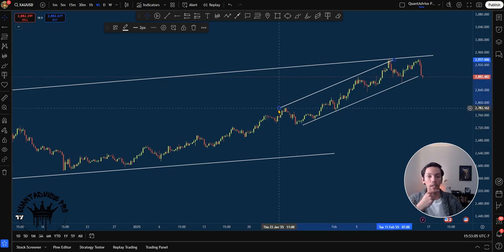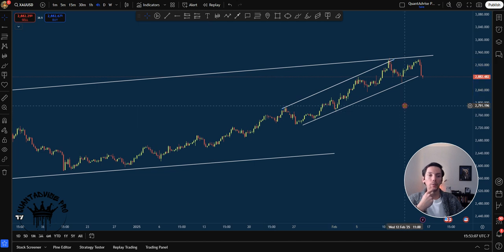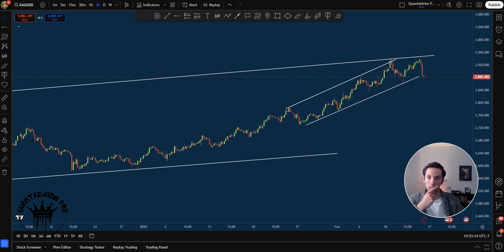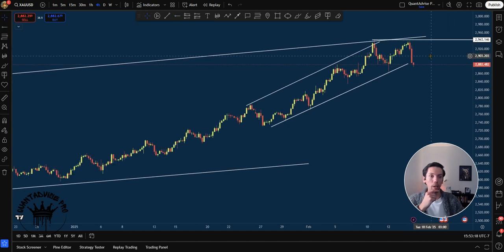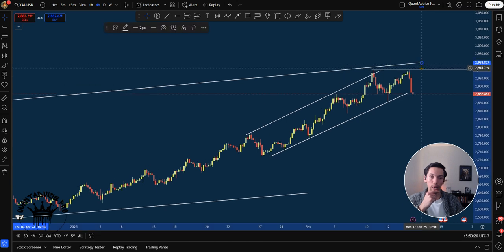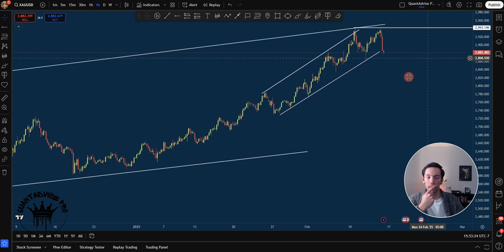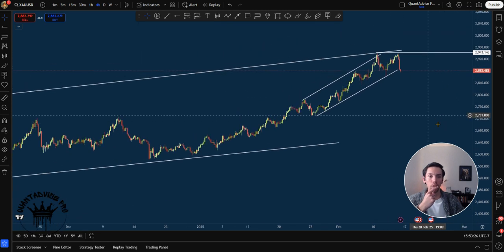So inside of this, I love that we're having a channel coming into the top of the channel. Something I'm going to look at here is, if price does push up, how it reacts to this little spot. And that's about as much as I can do on the 4 hour.